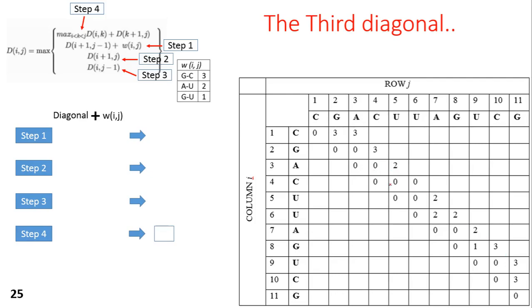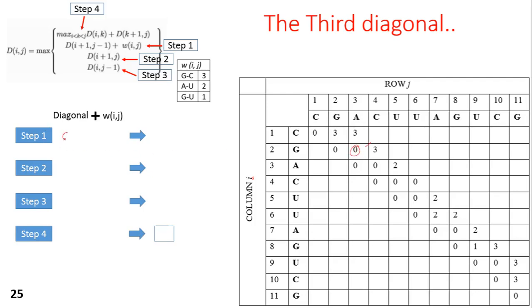Okay, now let us see how we populate the third diagonal and what are the changes that have happened over here now. Okay, so we'll say now this is our current box, and in order to populate this current box, what do we need? We need what is present in our previous diagonal box, this value.